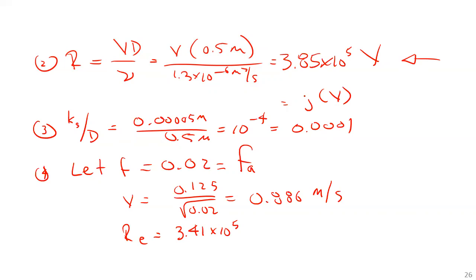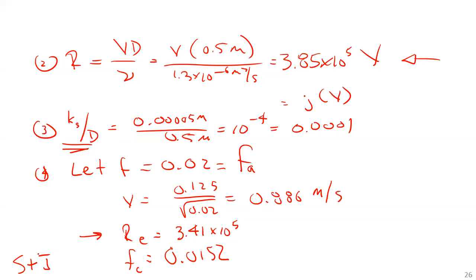And with that Reynolds number, and that value of k_s over D, if I use the Swamee and Jain equation, I would get f_c is equal to 0.0152. Again, I used this Reynolds number and this relative roughness in the Swamee and Jain equation.